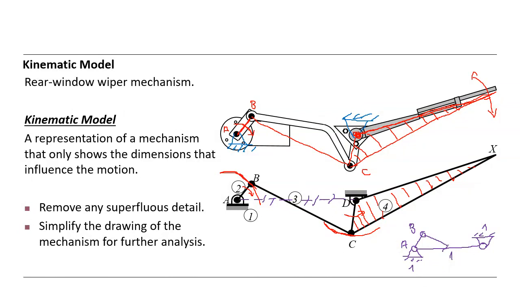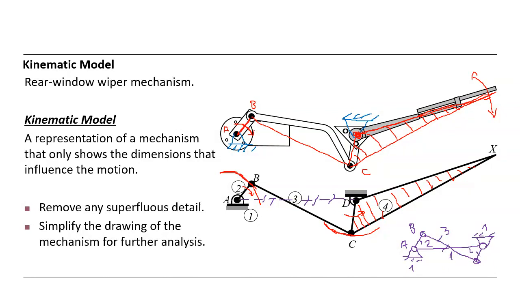and then there is another one here, and we have also a link here. So this is 1, and this is 2, and this is 3, and this is 4.